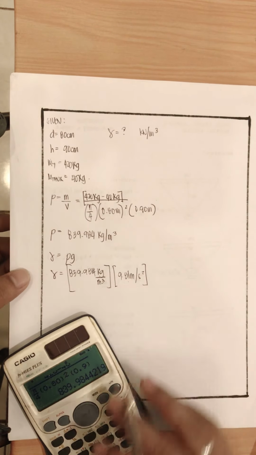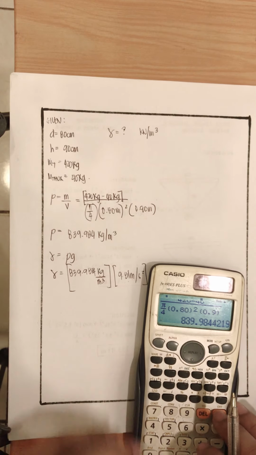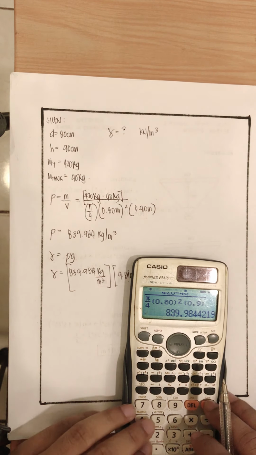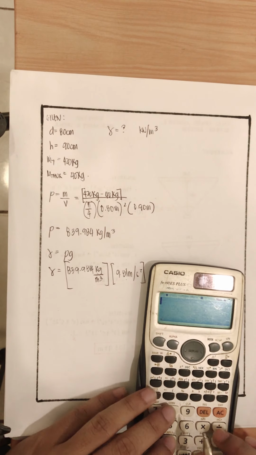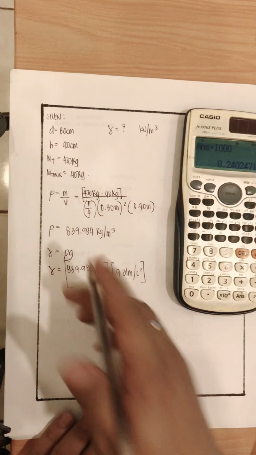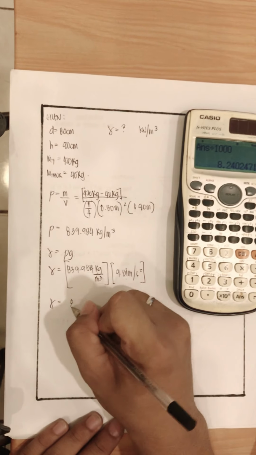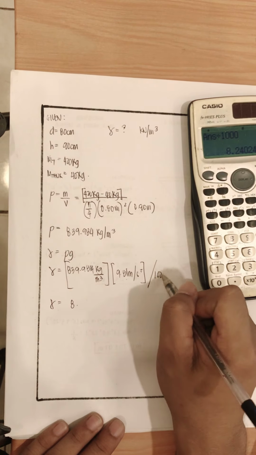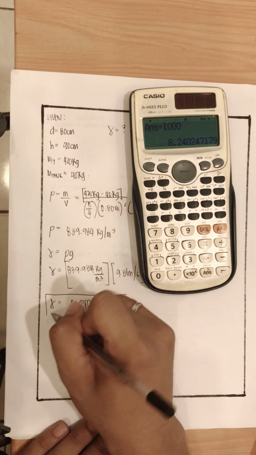Then we divide by 1000, so we can get the right answer in kilonewtons per cubic meter: times 9.81 divided by 1000. So the specific weight is 8.240 kilonewton per cubic meter.